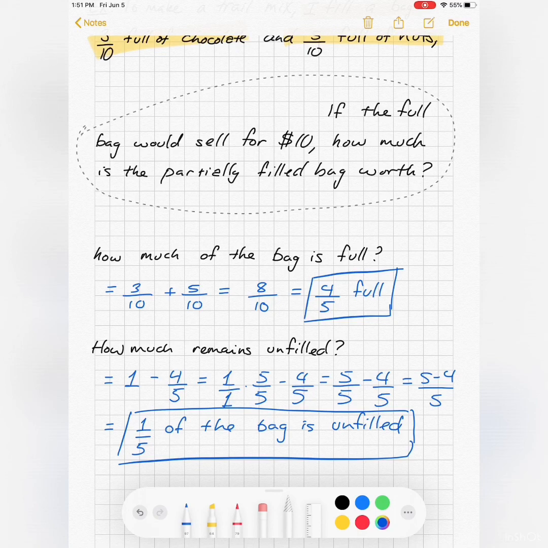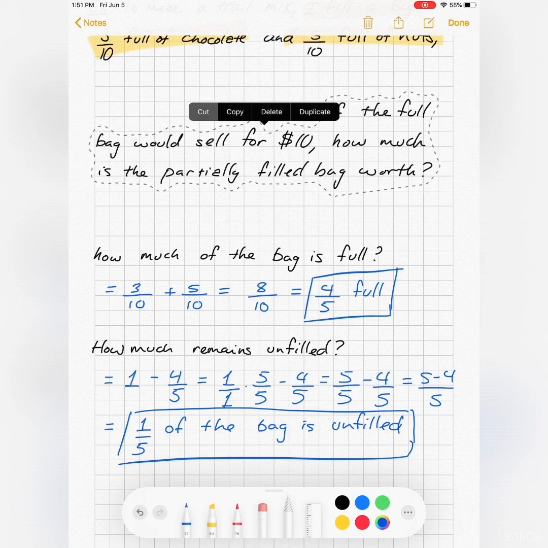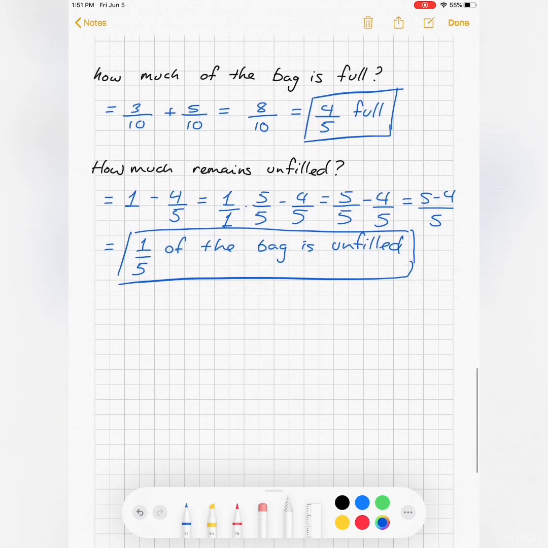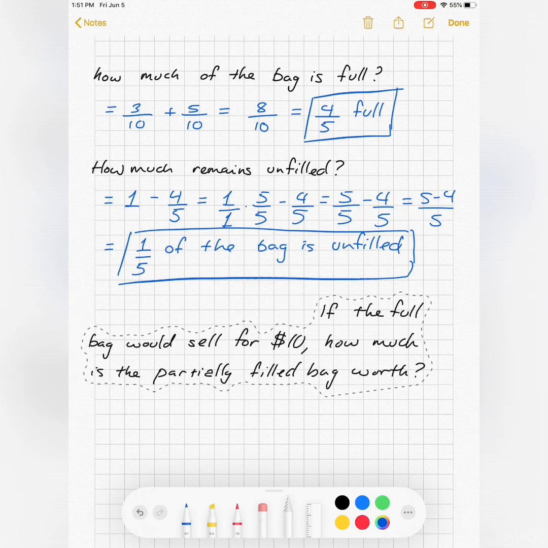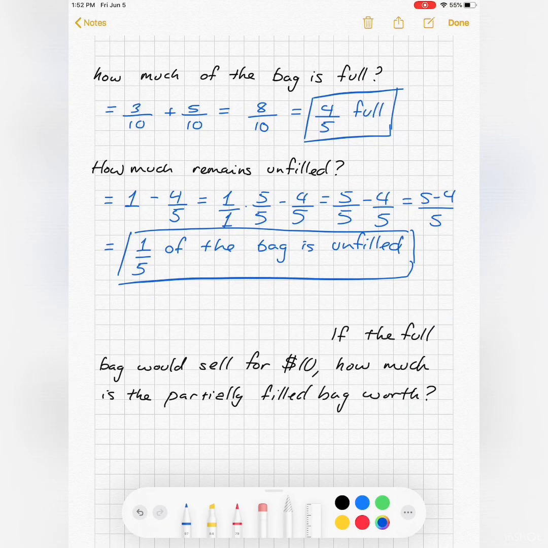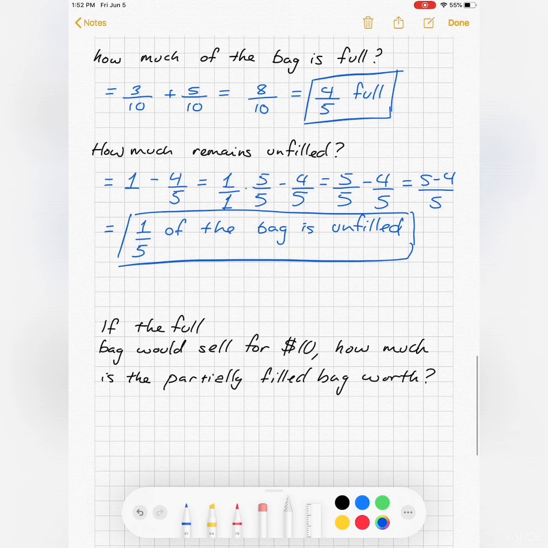And this last part of the question. If the full bag would sell for $10, how much is the partially filled bag worth? So how much of the bag did we fill? We filled 4/5.